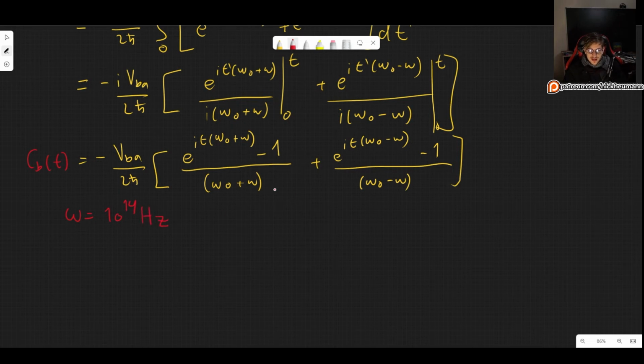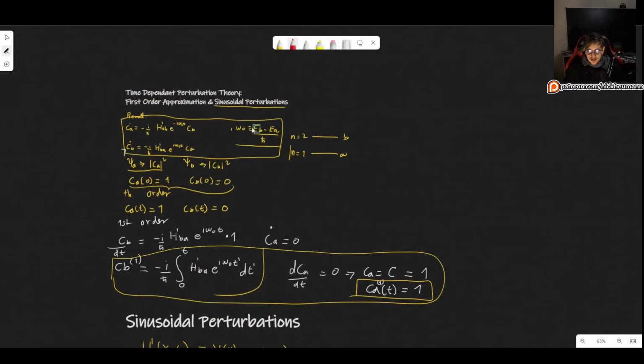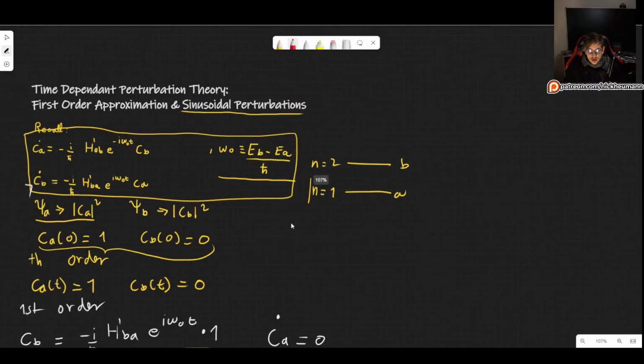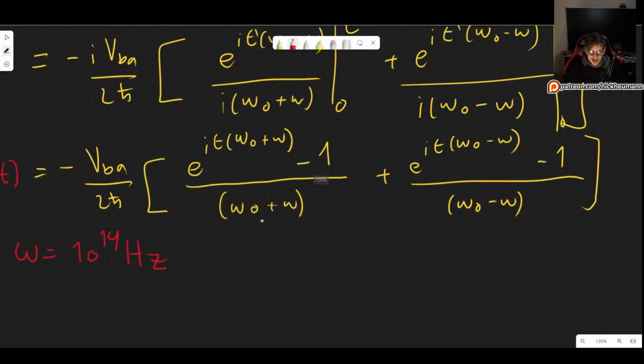So that means our denominator will be very, very large. In this case, for example, the smallest it could possibly be, if you take differing values for omega 0, which again depends on the energy of these two states, and in case you have forgotten, omega 0 is defined right here as EB minus EA over h bar. So even in the smallest case, this thing right here is going to be of the order 10 to the 14.